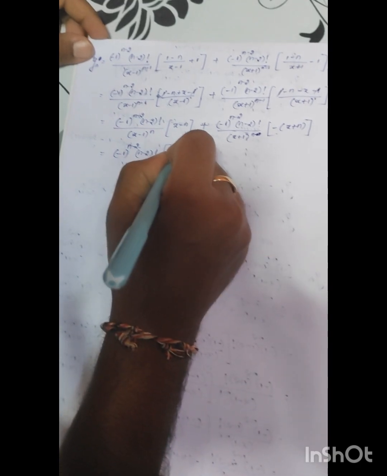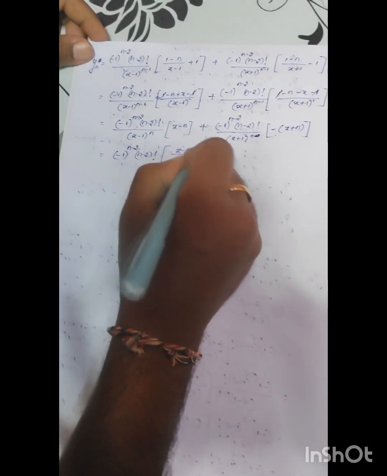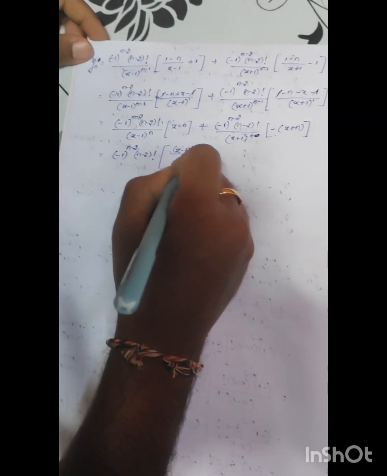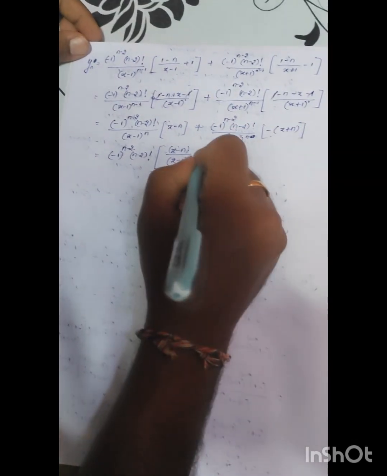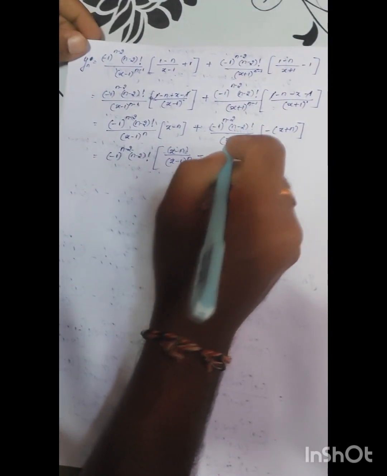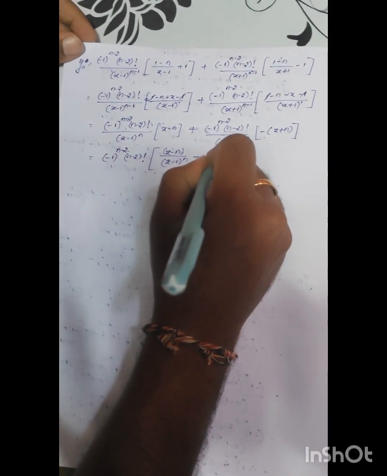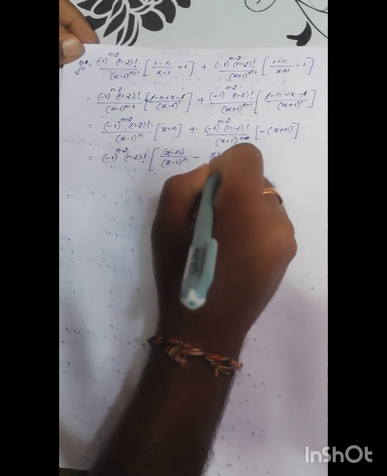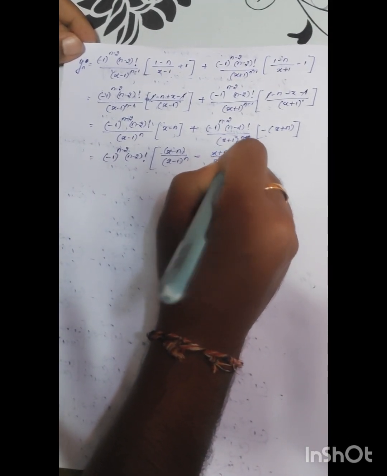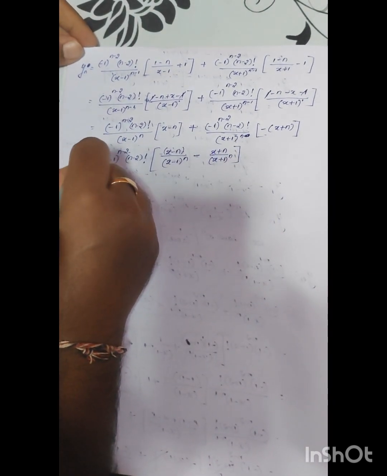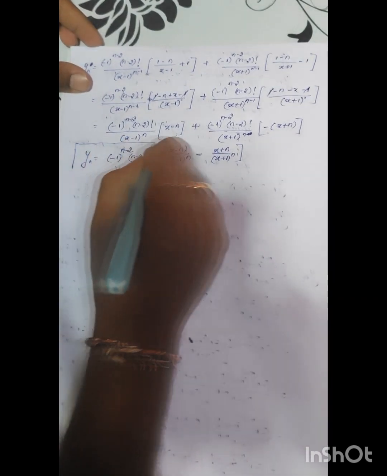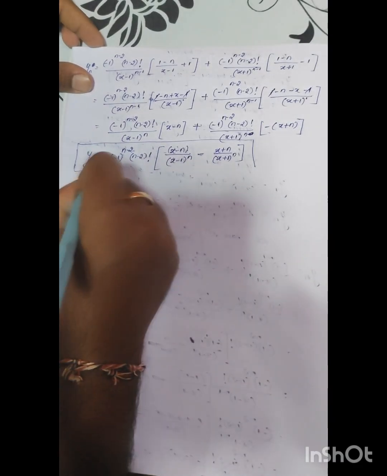So here x minus n divided by (x minus 1) raised to n. Here we have minus sign, so I will take the minus sign this side. So this will become x plus n divided by (x plus 1) raised to n. So this is the required proof that they wanted to show.